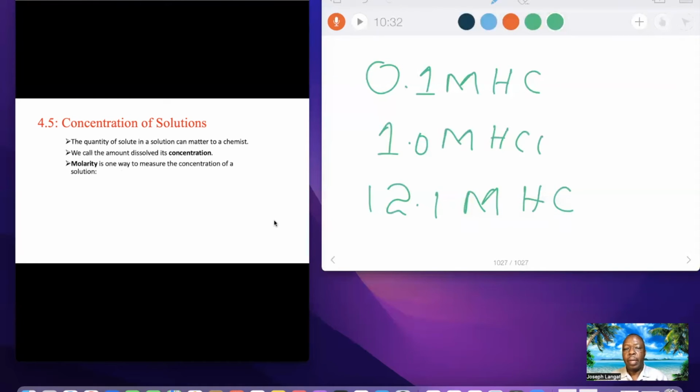We have a high number of moles of HCl. So remember molarity.